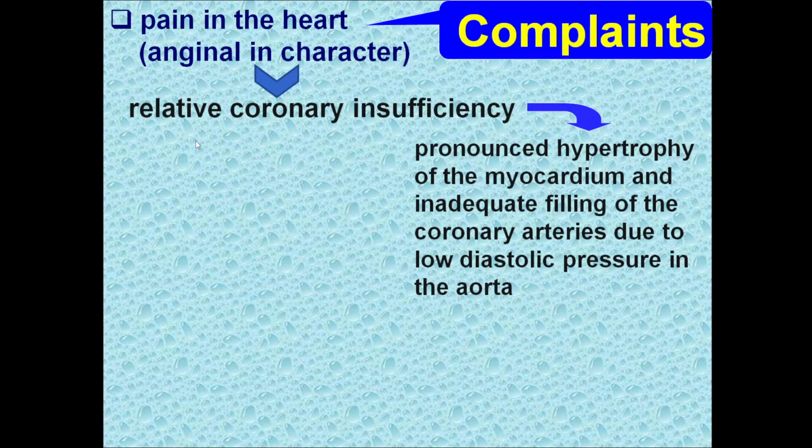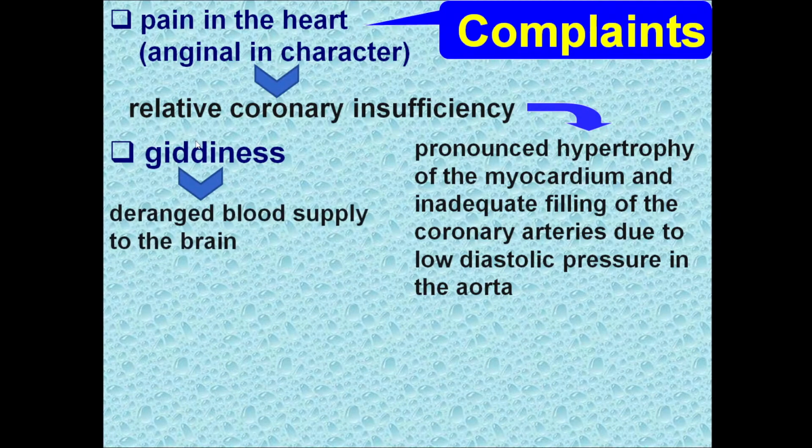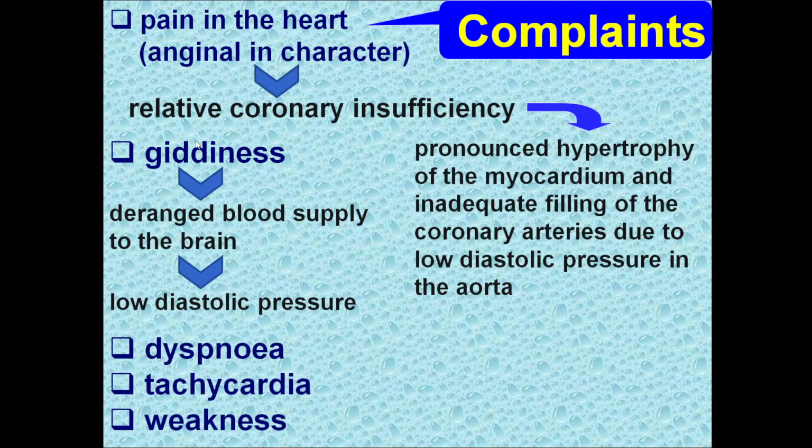Coronary circulation is tightly correlated with diastolic blood pressure. Another problem is with the central nervous system: the patient feels giddiness, decreased work capacity, sometimes syncope and other problems, which again are explained by deranged blood supply and low diastolic pressure.